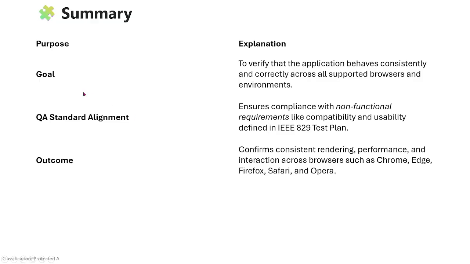Summary goal: to verify that the application behaves consistently and correctly across all supported browsers and environments. QA standards alignment: ensure compliance with non-functional requirements like compatibility and usability defined in the IEEE 829 test plan.